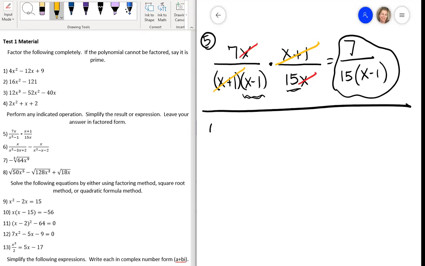And then number 6, you are subtracting. And in order to subtract fractions, you have to have a common denominator. Well, in order to get a common denominator, I'm going to have to factor the denominators.